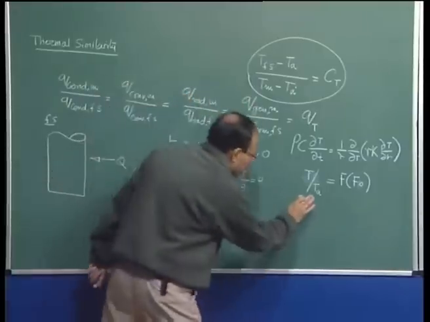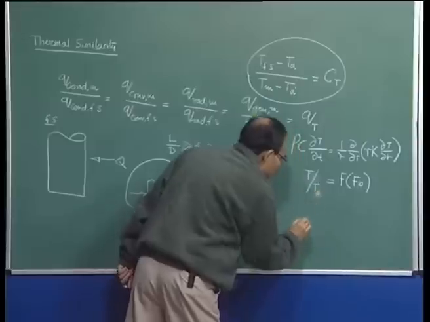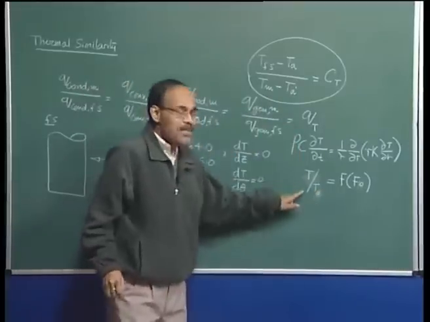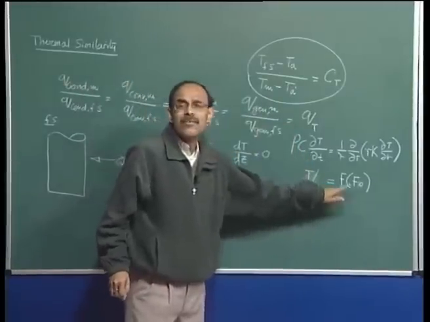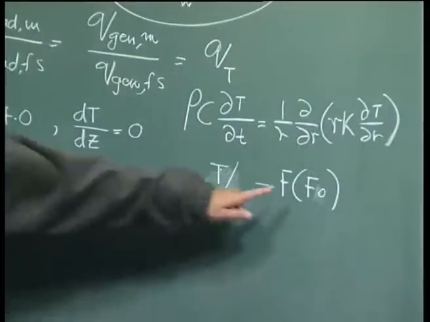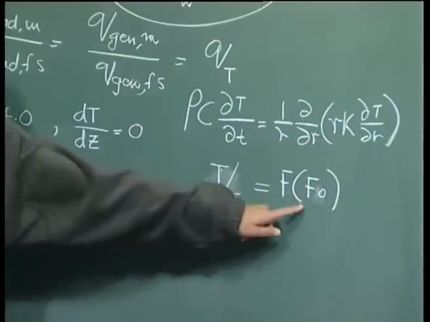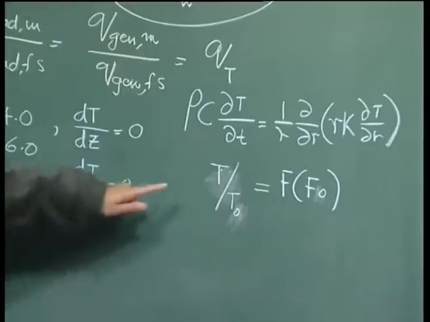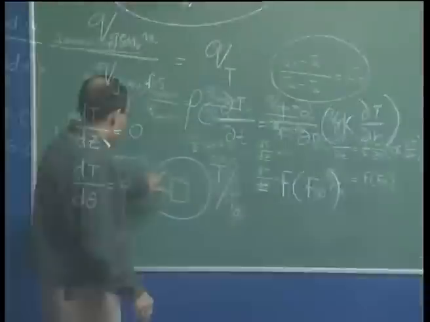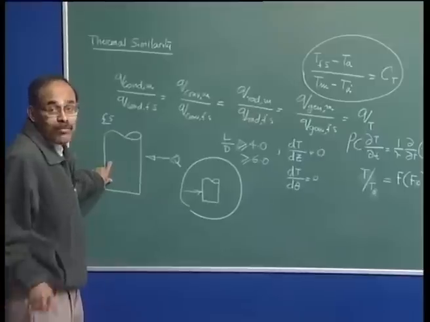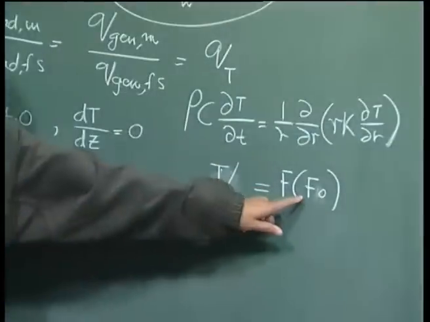So, the non-dimensional temperature field within the object is going to be a function of the Fourier number. This is the dimensionless number that is going to follow from this particular equation. So, the Fourier number is very, very important. We can understand that the non-dimensional temperature within the objects will be equal provided the dimensionless Fourier number is equal.